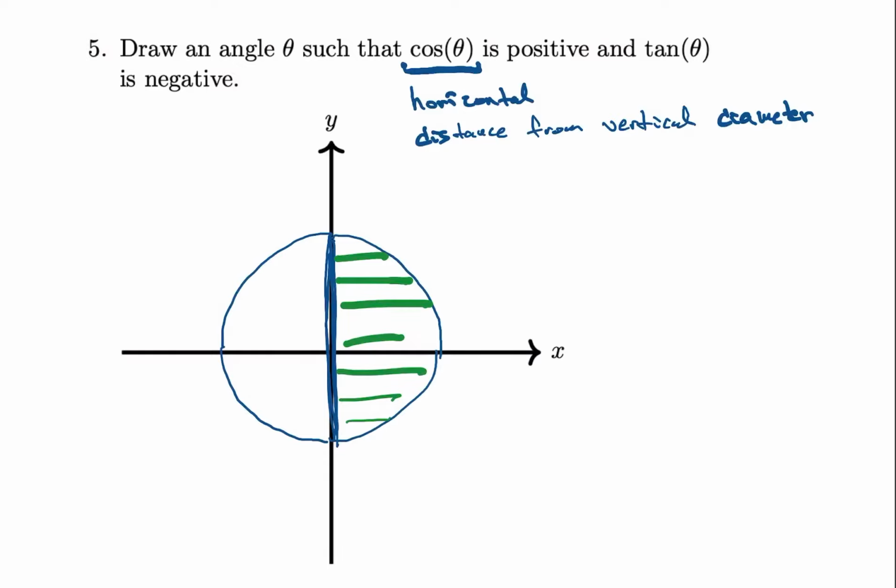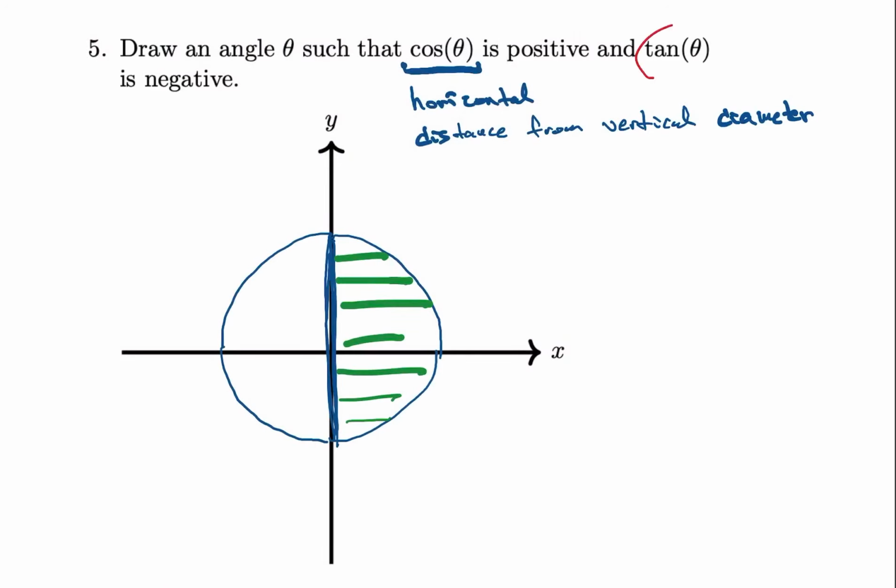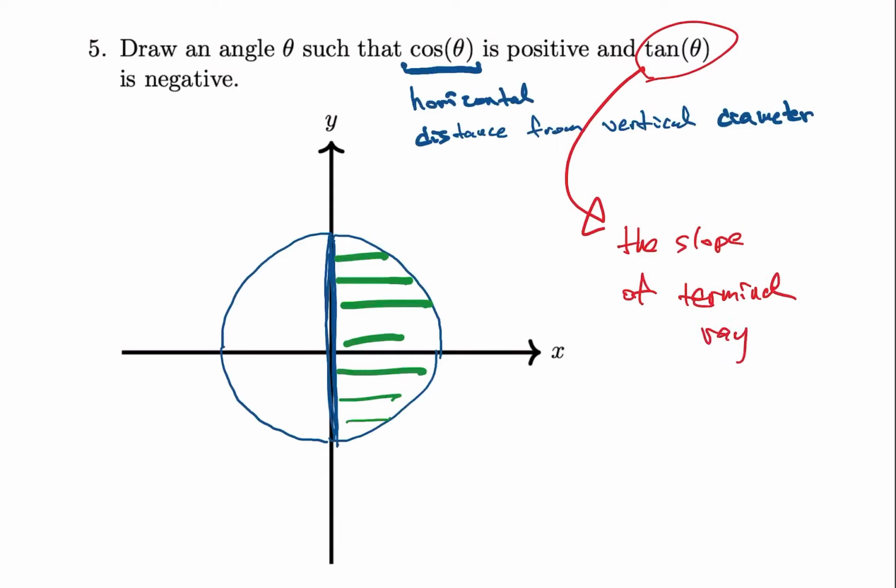But then we look at tangent. What does tangent measure? Tangent tells us the slope of the terminal ray created by this angle theta.